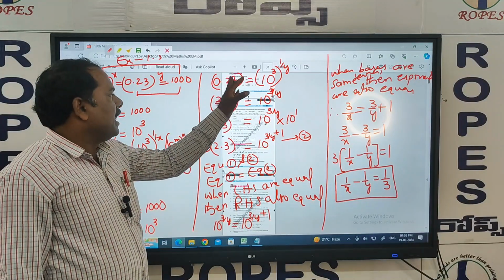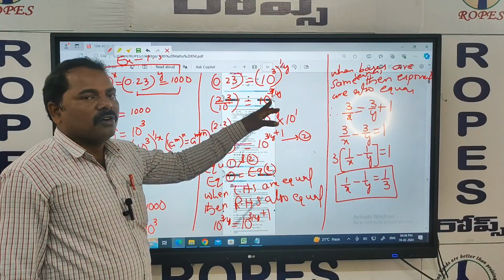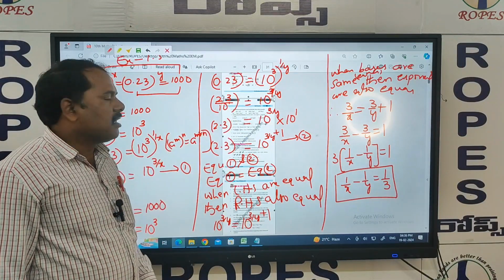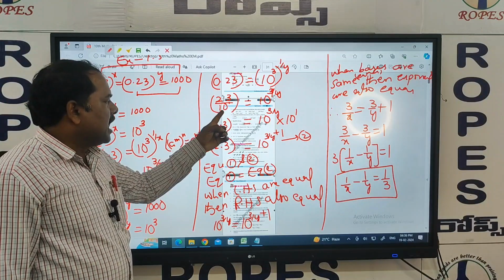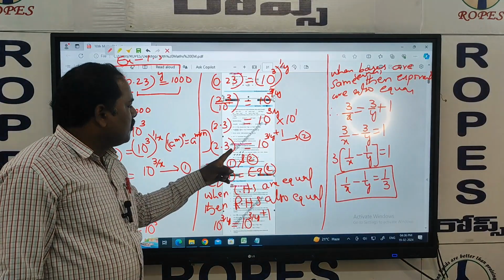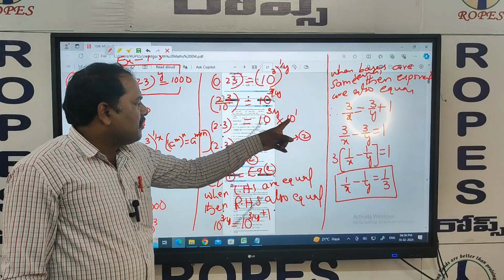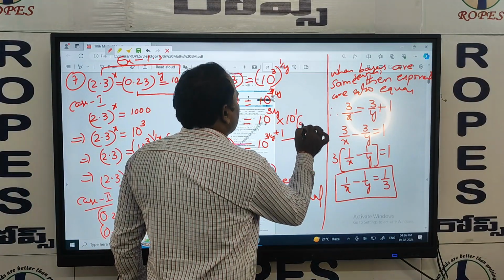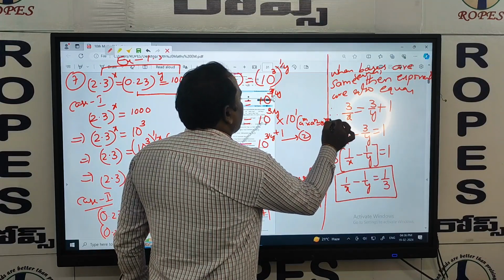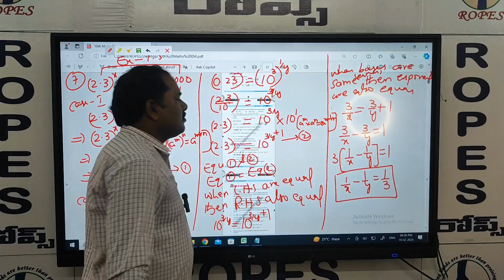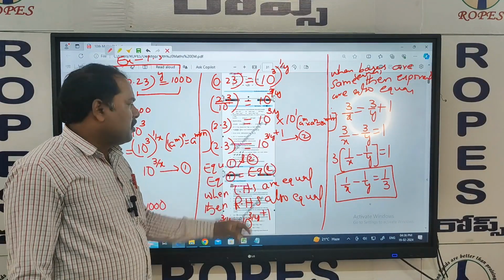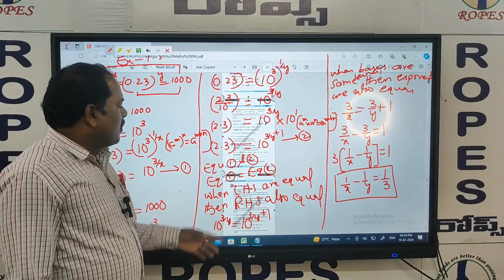Then the power of y, if it goes to the RHS, becomes the power 1/y, giving 10^(3/y). Now the division by 10, if it goes to that side, becomes multiplication by 10. So 2.3 = 10^(3/y) into 10, and a^m into a^n is a^(m+n), so it is 10^(3/y + 1).